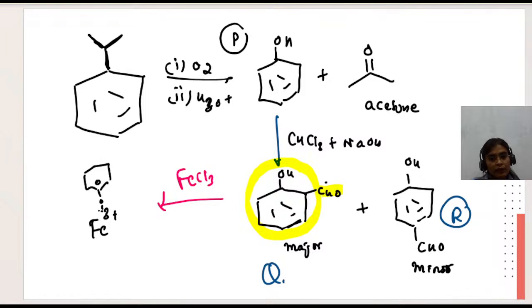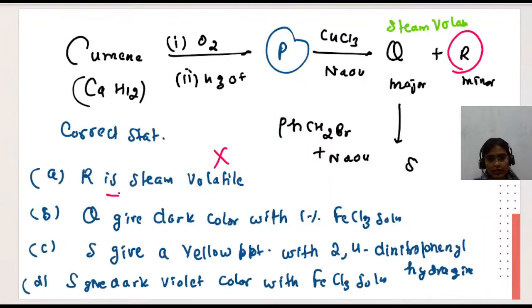So the statement suggests that Q gives a dark color with 1% FeCl3 solution. Is this correct? Definitely this is correct.